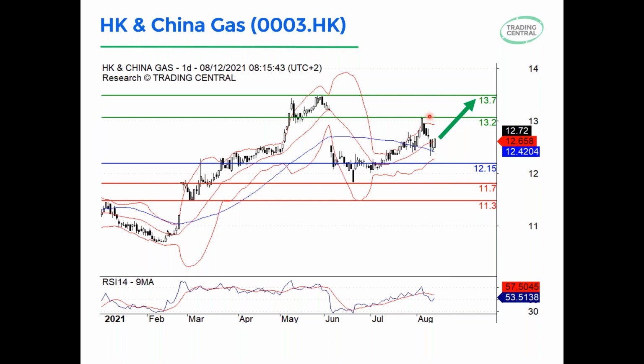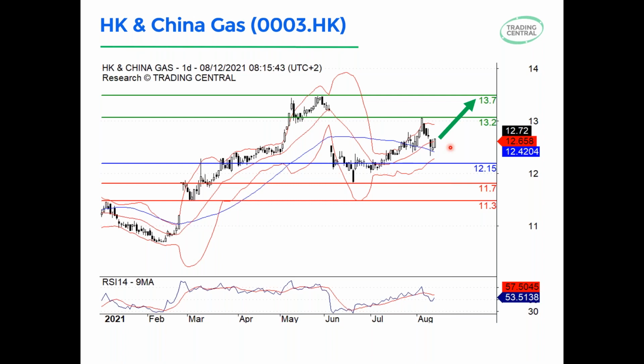Okay, it is a good sign, and we can see that the 20-day moving average has just crossed above the 50-day one. Okay, so we are expecting a further upside.